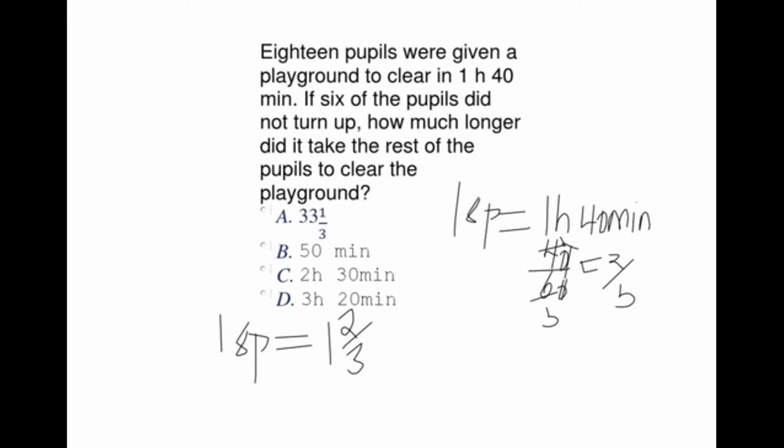We are told 6 pupils didn't turn up. So we have 18 minus 6 pupils will take how long. So we have 18 pupils equals 1 and 2 over 3 hours. What about 18 minus 6, which is 12 pupils?